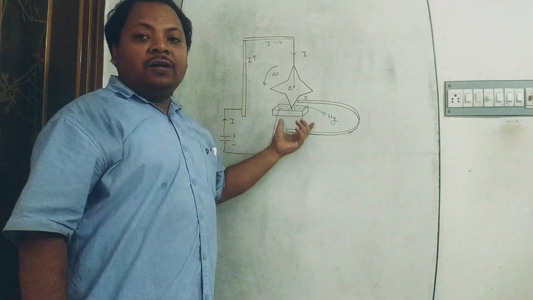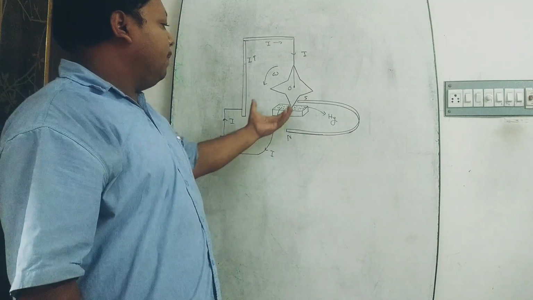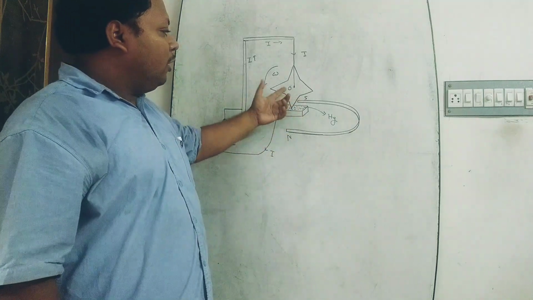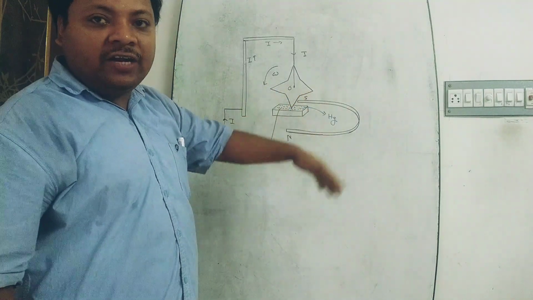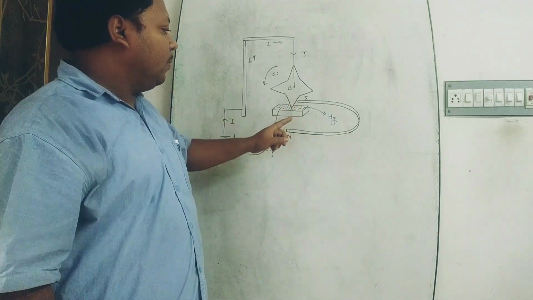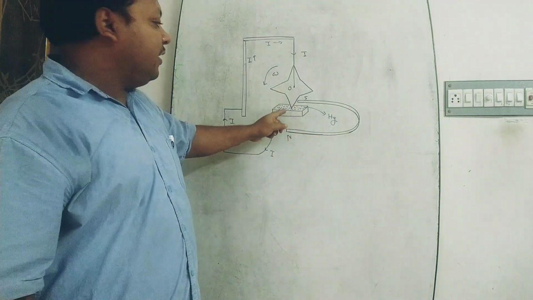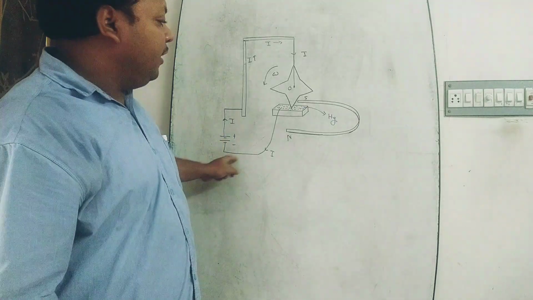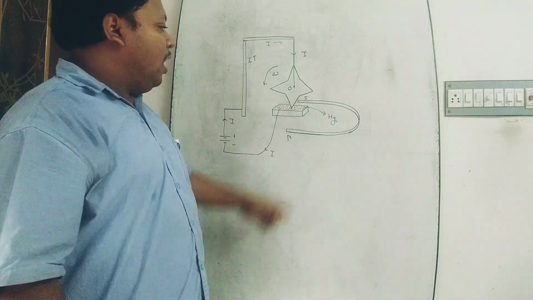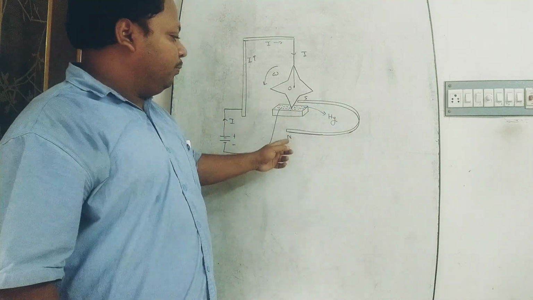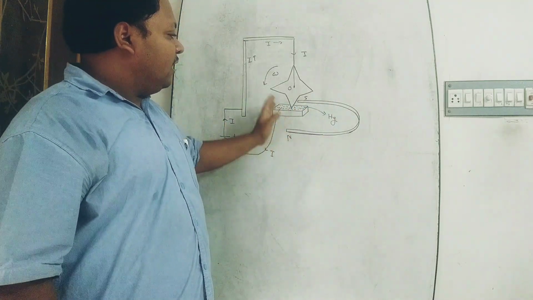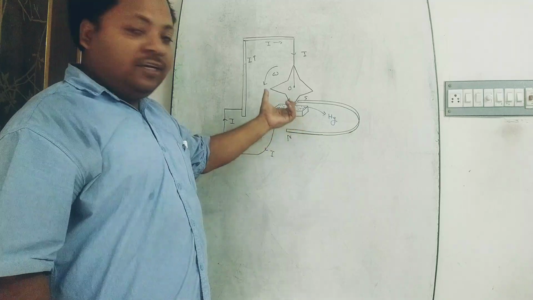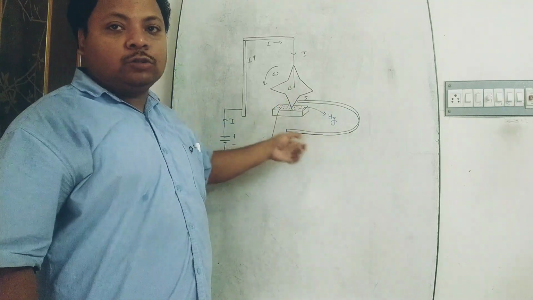A mercury pool is placed such that the teeth of the wheel touch the mercury each time, and another wire is connected from one terminal of the battery to the mercury. A horseshoe magnet is placed such that the mercury is inside the horseshoe magnet.